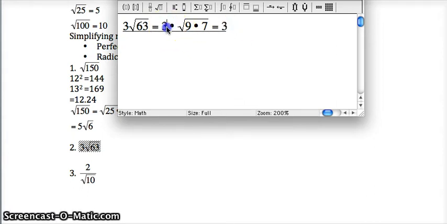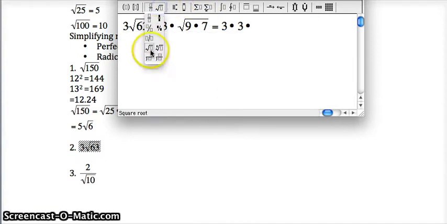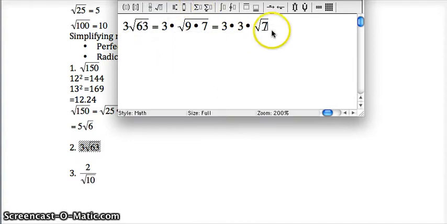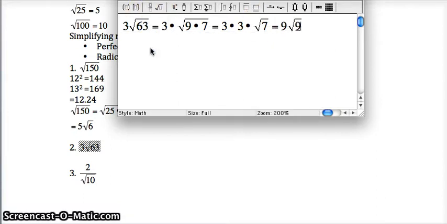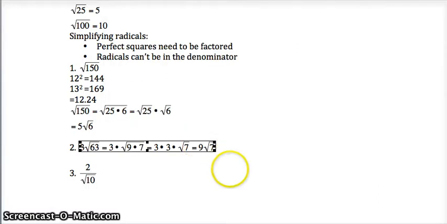The square root of 9 is 3, so that's 3 times 3, and then times the square root of 7, which is 9 times the square root of 7, so it's 9 radical 7, or 9 root 7. So 9 root 7 is the final answer.